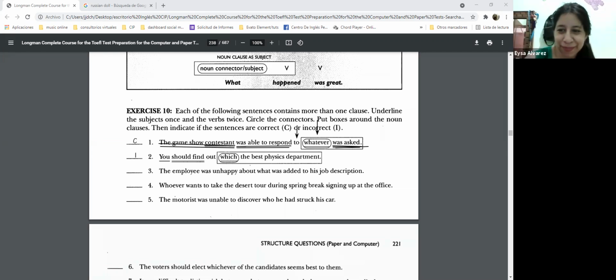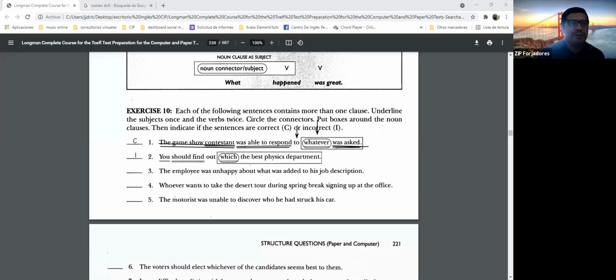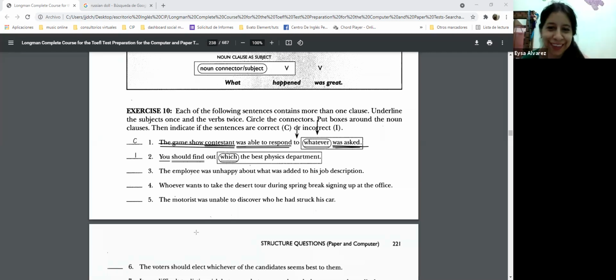In Spanish, el concursante del programa de juegos. Del programa de juegos is adjectival. Really, the subject is the contestant, the participant. All right, very good.